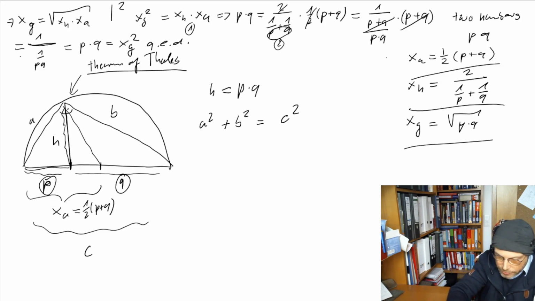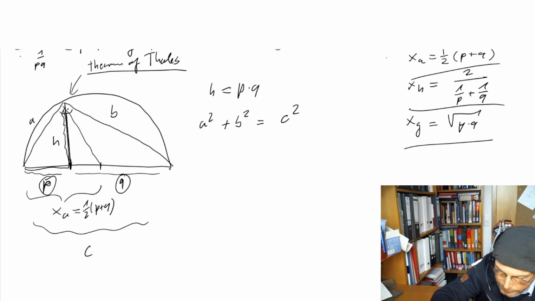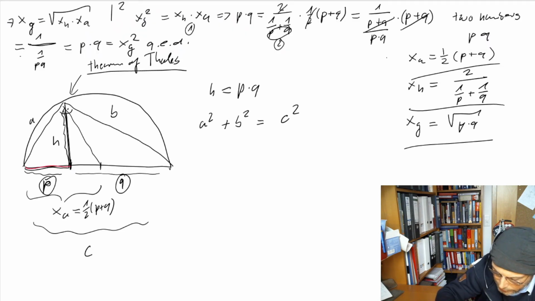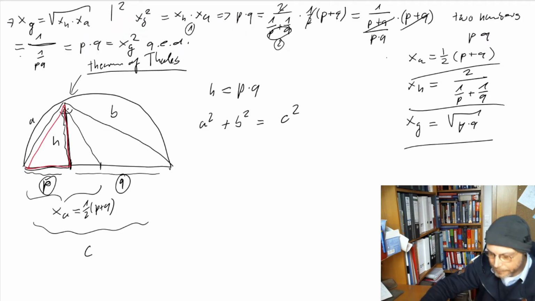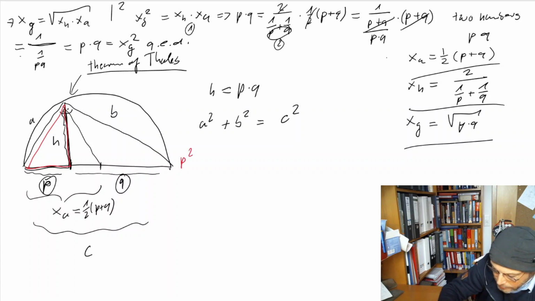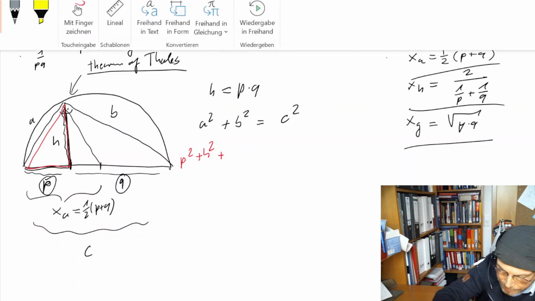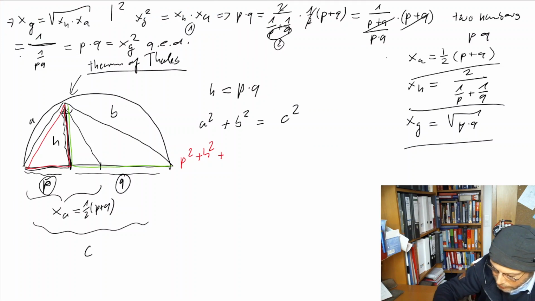But we have also here a rectangular triangle. So we have from a squared also b squared plus h squared, and here is also a rectangular triangle.